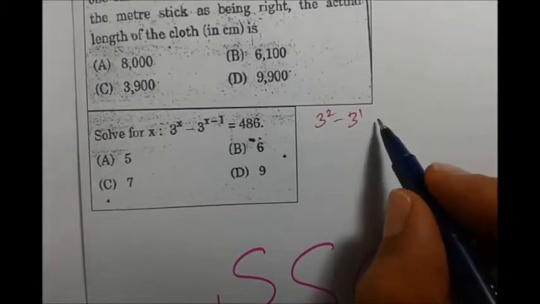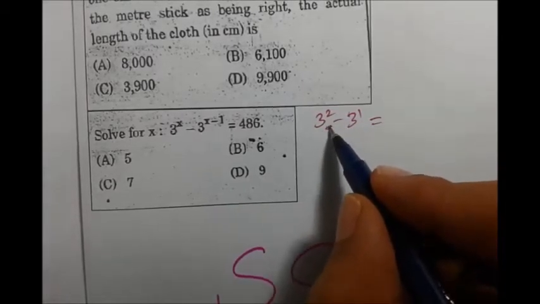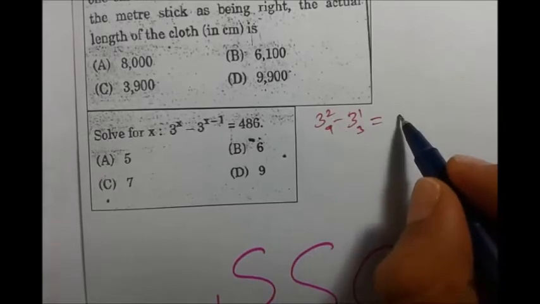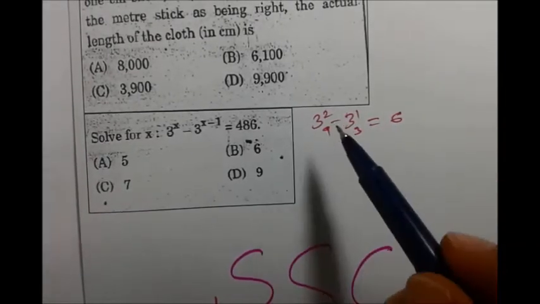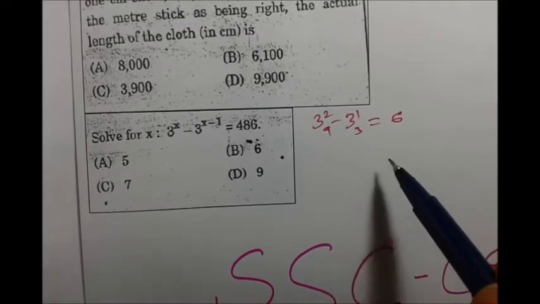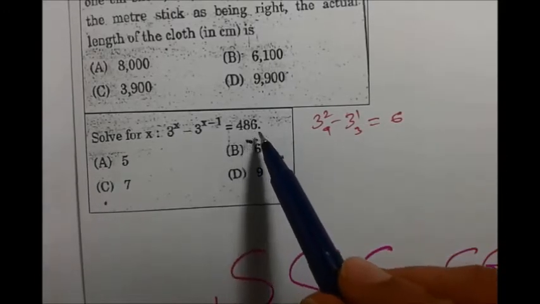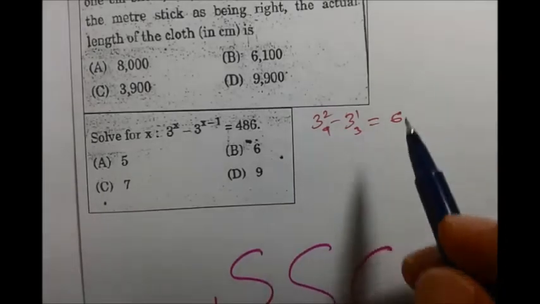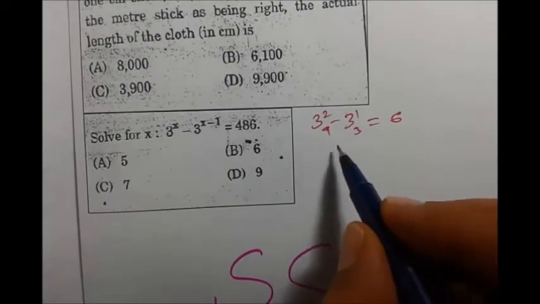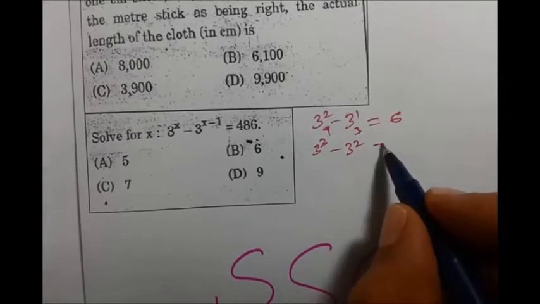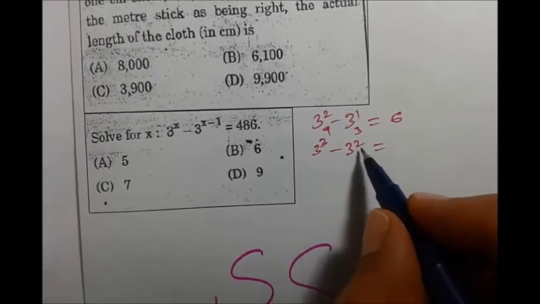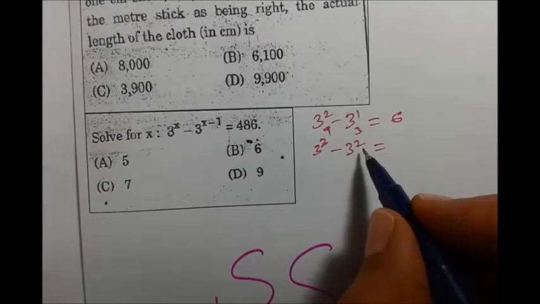So the difference here: this is 9 and this is 3, so the difference here is 6. So following the pattern, you have to see where you are getting the difference as 486. If I try to find the next term, that is 3 cube minus 3 square. 3 cube means 27, 3 square means 9, so 18.